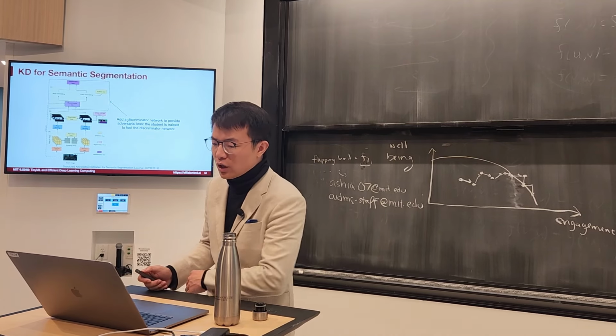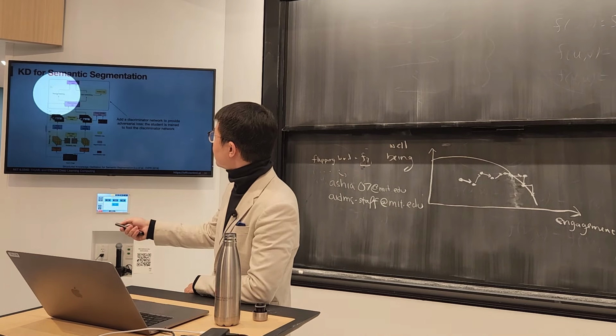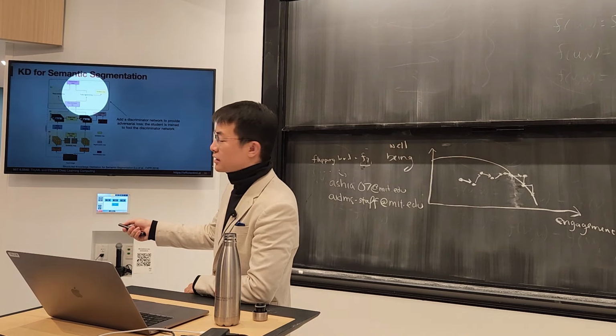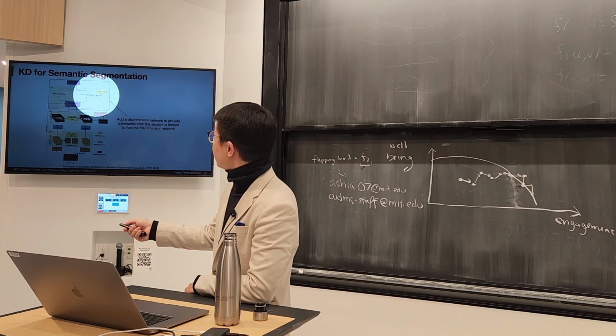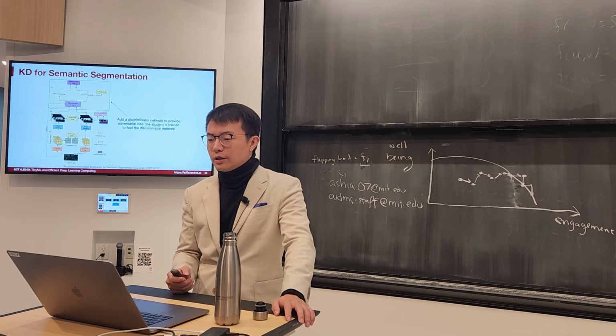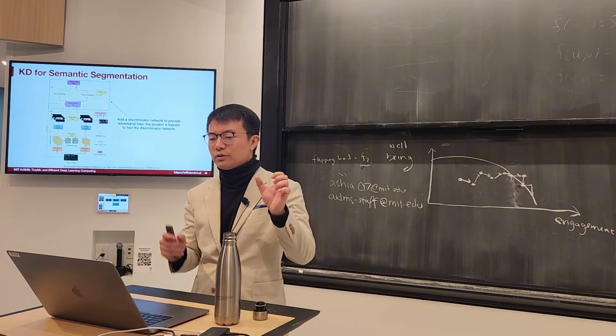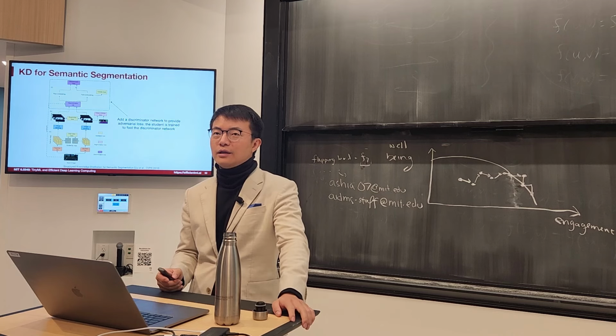So we have a real embedding from the teacher model, and the student net gives the fake embedding. Here we try to fool the discriminator so it cannot distinguish between the real embedding and the fake embedding.